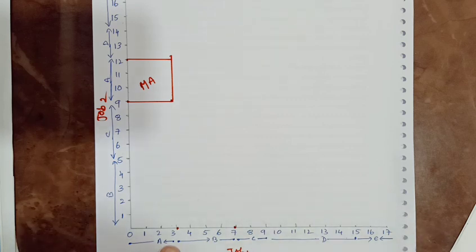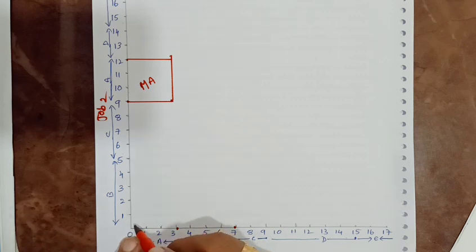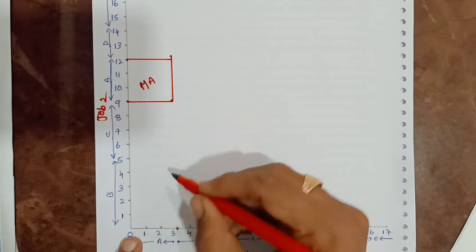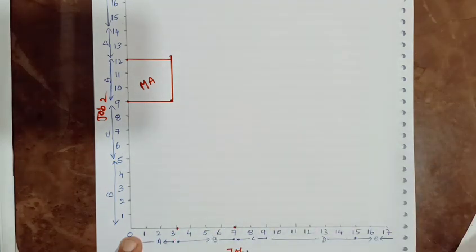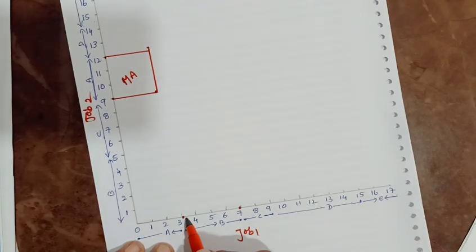And in job 2, machine B is taking 5 hours of processing time, so 0 to 5. So here it is 5. Let me draw this one.